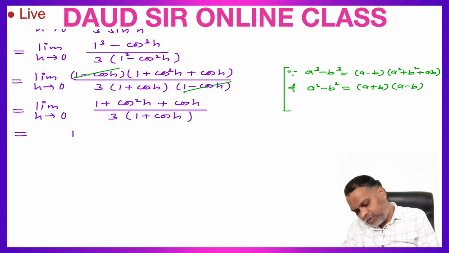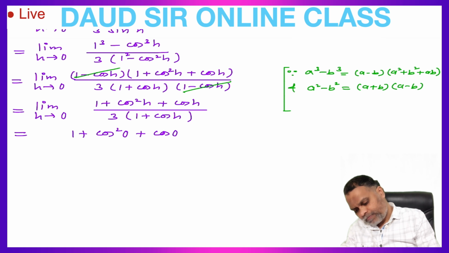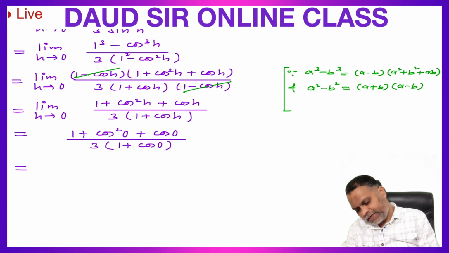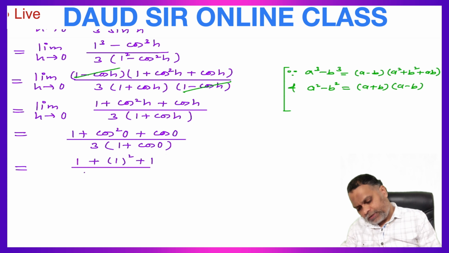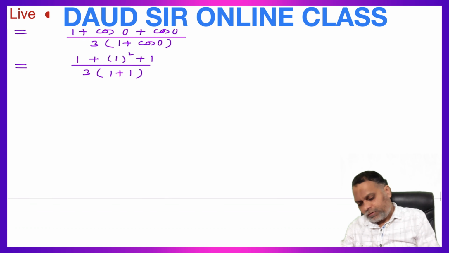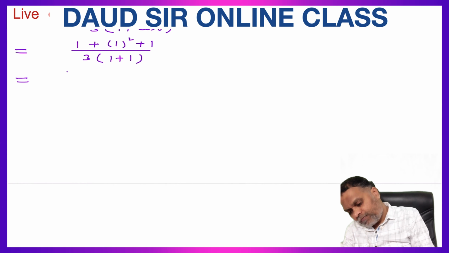So which is equal to (1 plus cos square 0 plus cos 0) upon 3 into (1 plus cos 0). Simplify this. Cos 0 is 1, so 1 square, cos 0 is 1, upon 3 into (1 plus the value of cos 0, which is 1), which is equal to 1 plus 1 plus 1, 3 times.